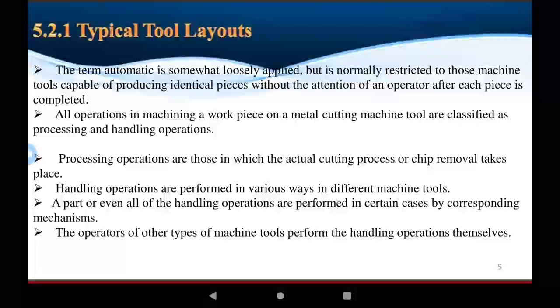Okay, handling operations are performed in various ways in different machine tools. Okay, the machine also handles the handling operation.